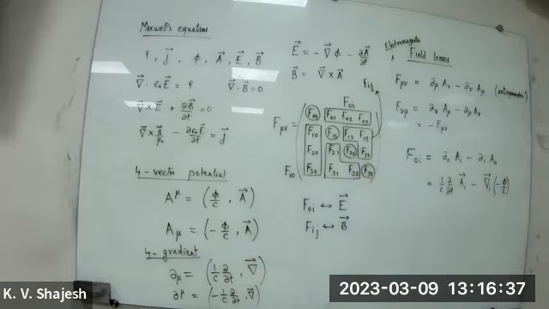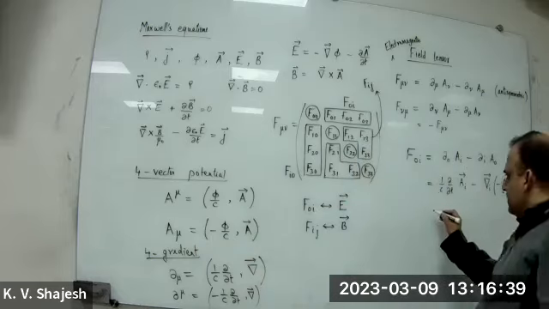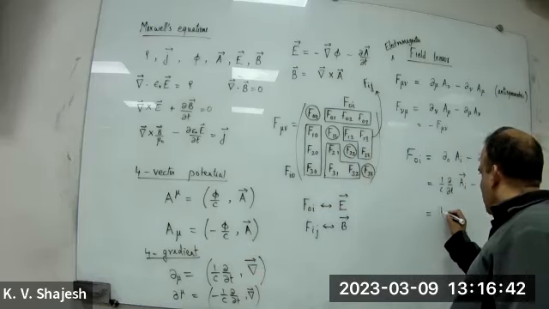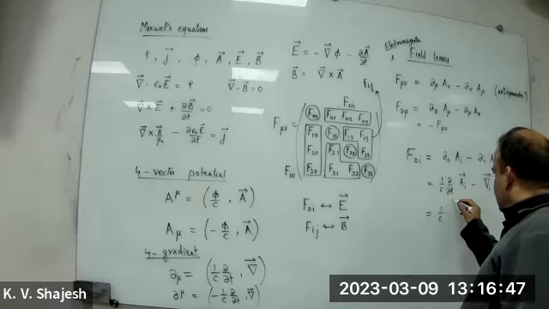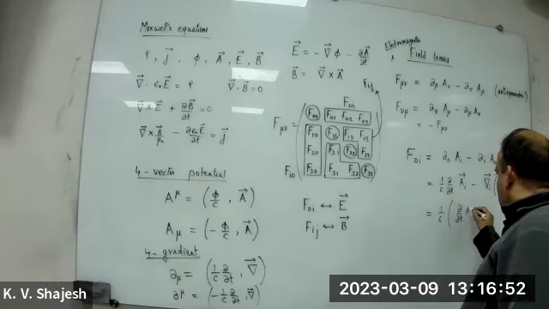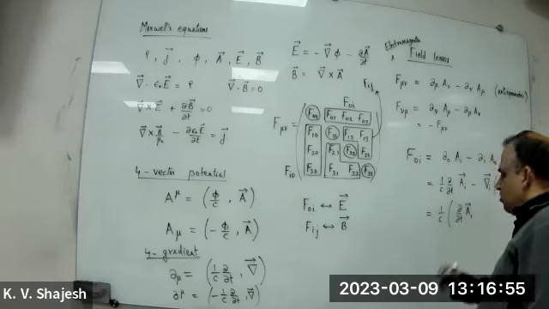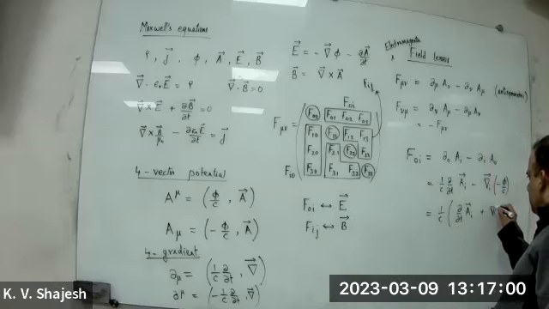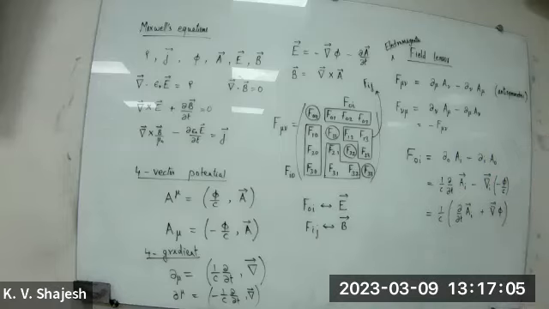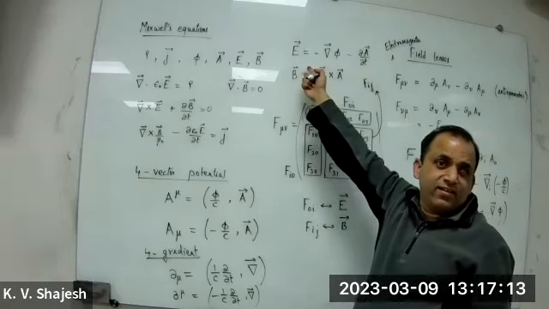With me? Okay. So this is nothing but 1 over c, a 1 over c on both sides, times the time derivative of A, the ith component of A, plus the gradient of phi. This is nothing but that, right?